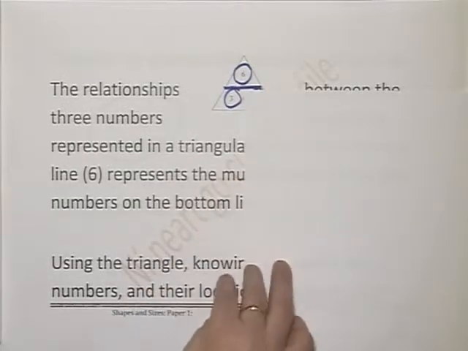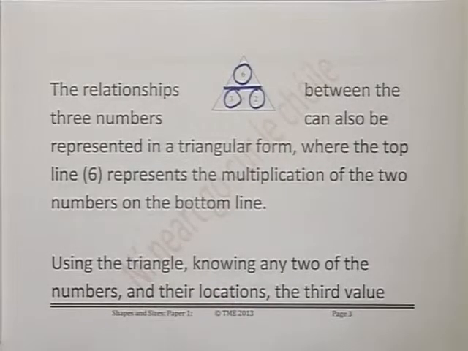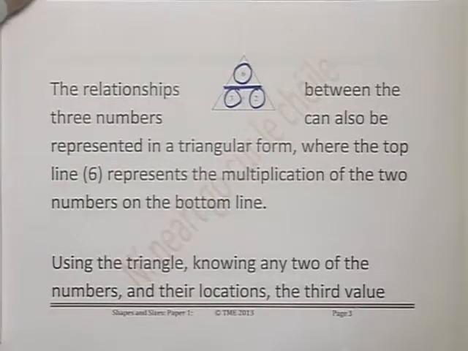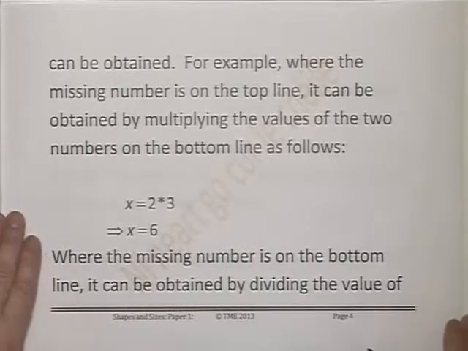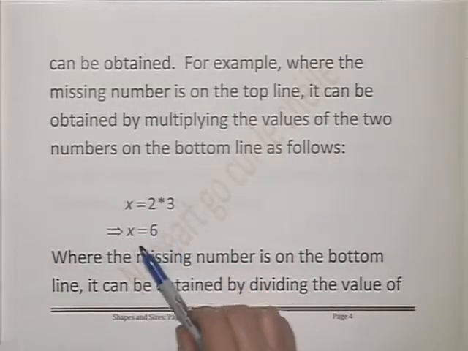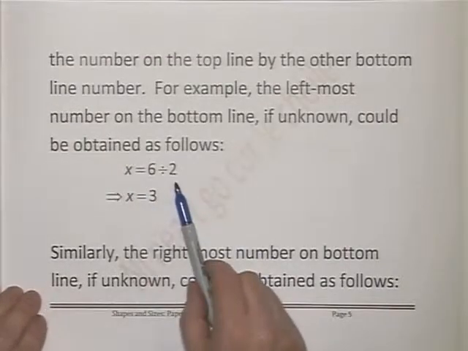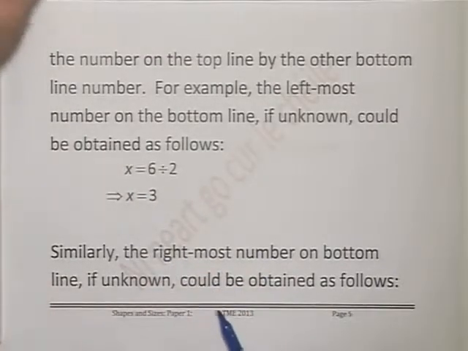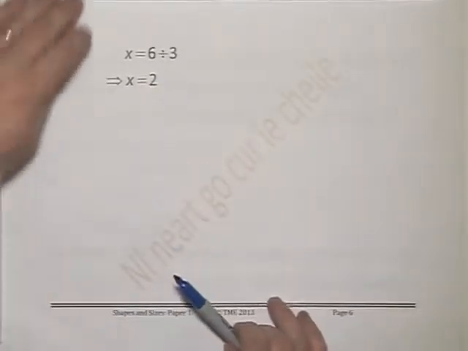There's a similarity and a consistency and an association that stays there. So using the triangle, any two numbers and their locations will give you the third one. So for example, here x is 2 by 3, x is 6. And if we need the missing number, we can say x is 6 divided by 2, or x is 3, or x is 6 divided by 3, x is 2.